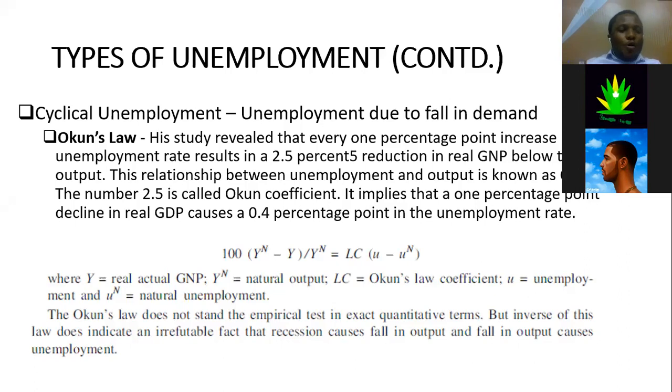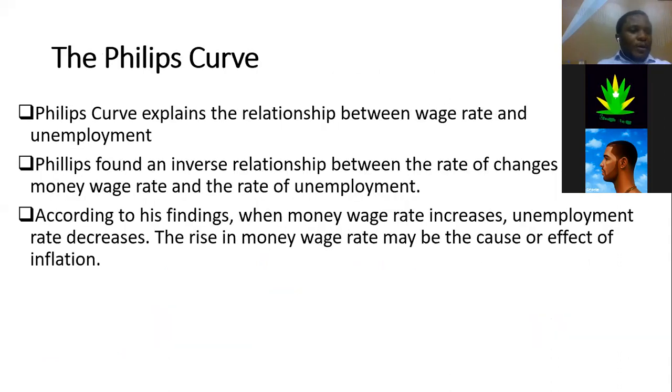So what did Okun's law do? It showed that inverse relationship. And that's why I said output will always be a function of what? Unemployment. Okay. All right.